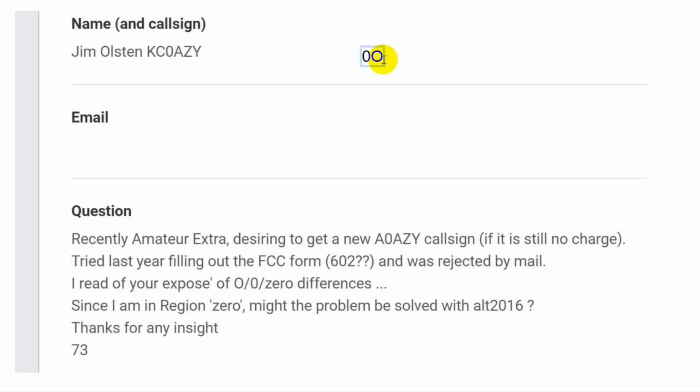You can hold down the Alt key and type with the numeric keypad 0216, let go of the Alt key, and you get the /0. And that's an easy way to get it for ordinary correspondence.